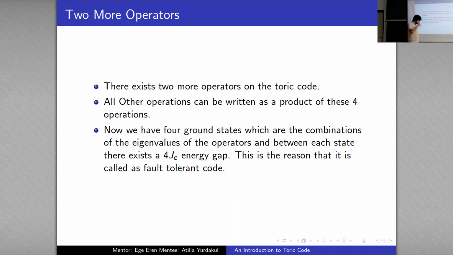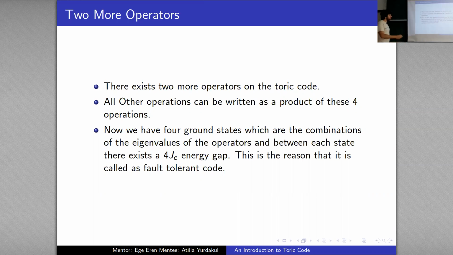Because of the reason that these vertical and horizontal operators have two eigenvalues, which are plus and minus 1. So our ground states are the ground state that we have found, and the ground state 0 minus 1 minus 1, and the ground state minus 1 plus 1, and the ground state 1 minus 1, and the ground state 1 and 1.